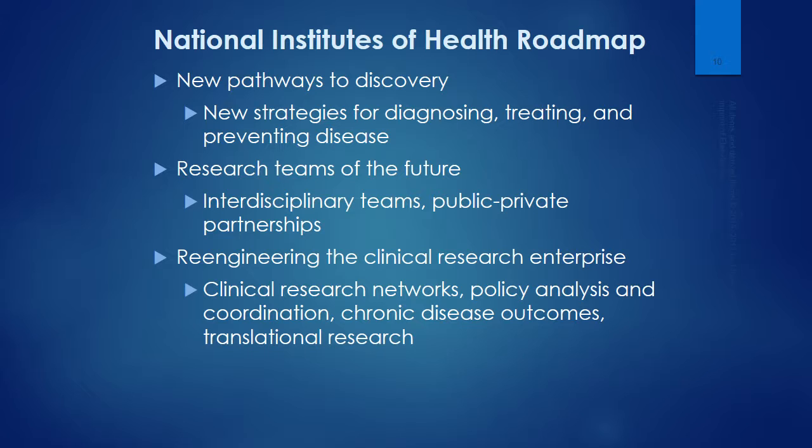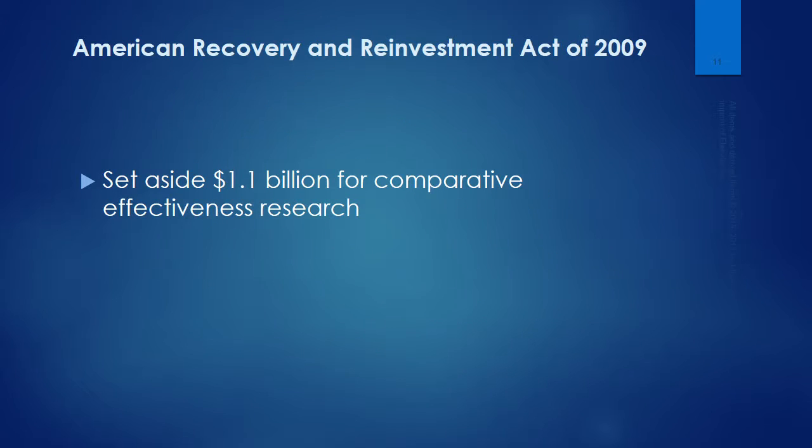This would involve clinical research networks, policy analysis and coordination, chronic disease outcomes, as well as translational research. The American Recovery and Reinvestment Act of 2009 set aside $1.1 billion for comparative effectiveness research.